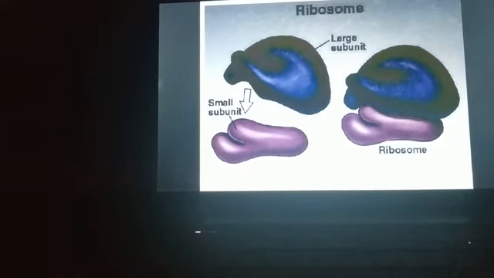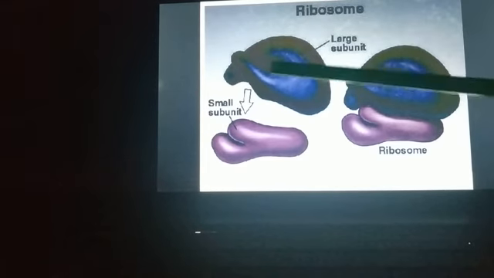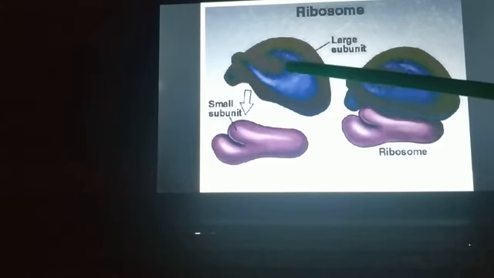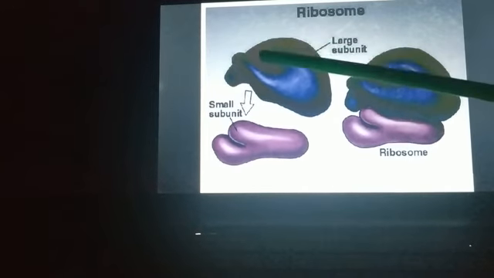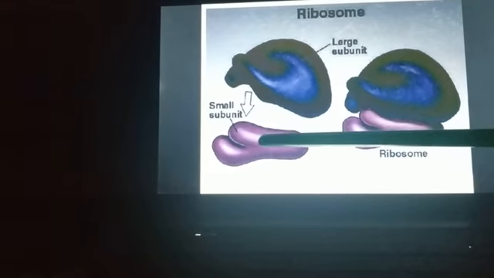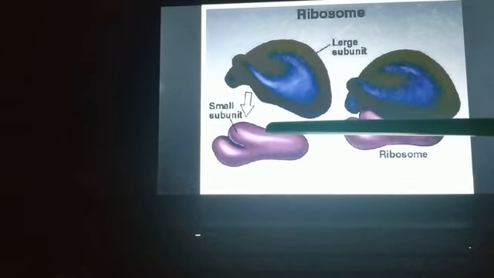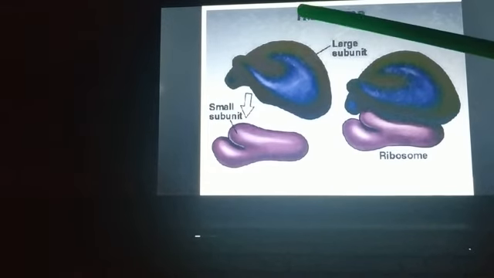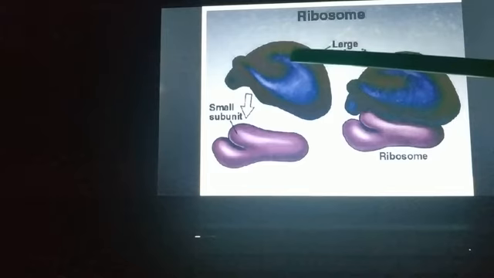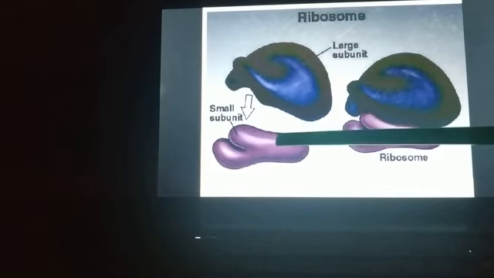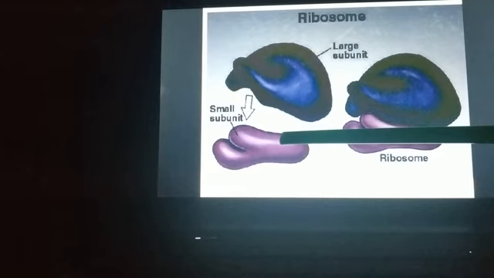These are just units. So in prokaryotes, 70S contains a 50S large subunit and a 30S small subunit. And in the case of 80S, present in eukaryotes, it contains a large subunit of 60S and a small subunit of 40S.